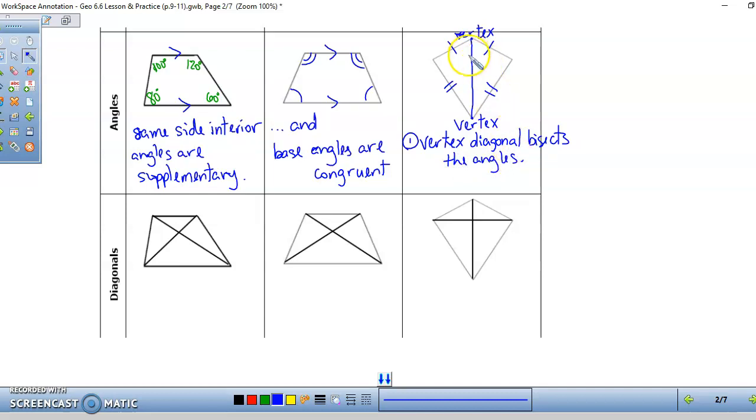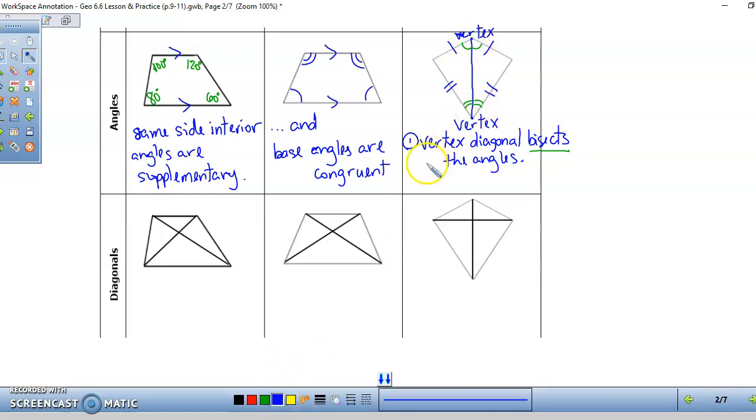What I can mark in the picture, maybe I'll do it with a different color, but bisects means these two angles are congruent, these two little ones, and these two other little ones are congruent. So I marked these with just the one curve and these with two curves.